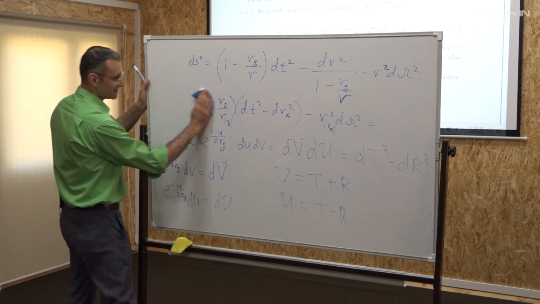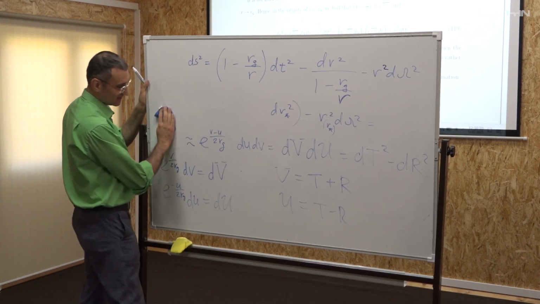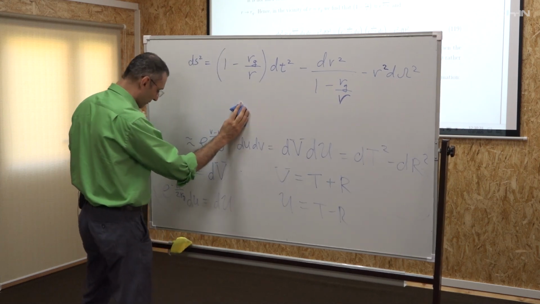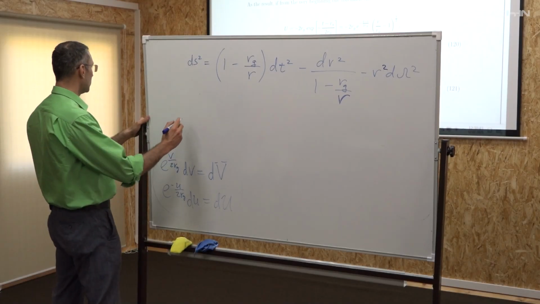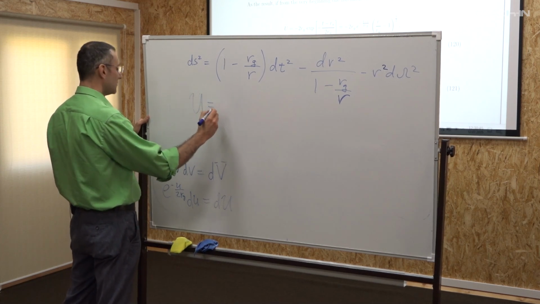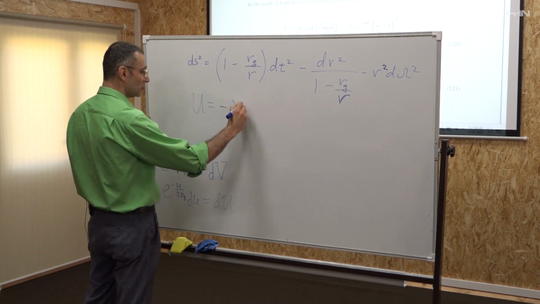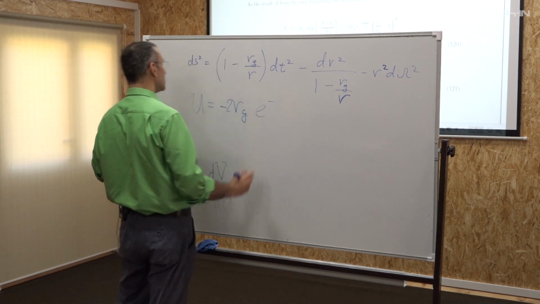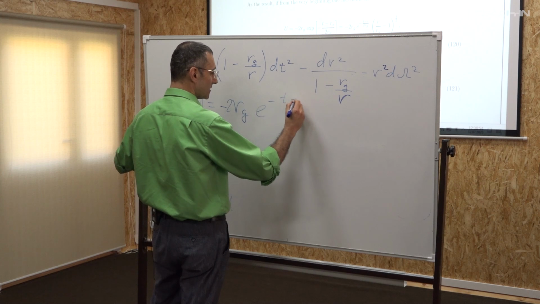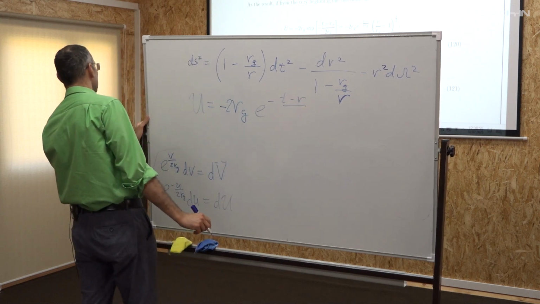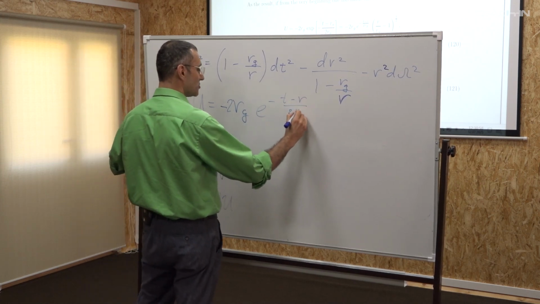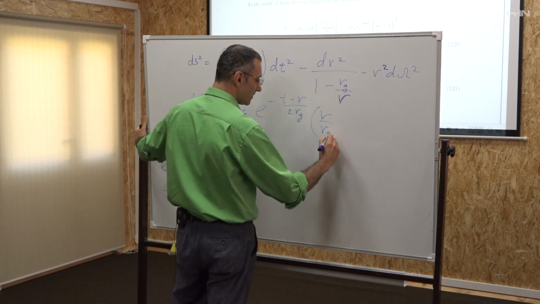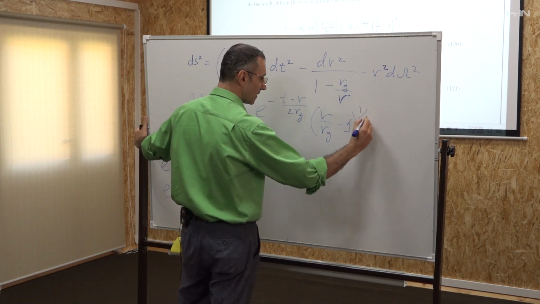Okay? So from the very beginning, instead of doing all these horrible derivations, let me make the following change. Let me use the following coordinate, u big, which is minus 2rg e to the power of (t minus r) divided by 2rg, times r divided by rg minus 1/2.